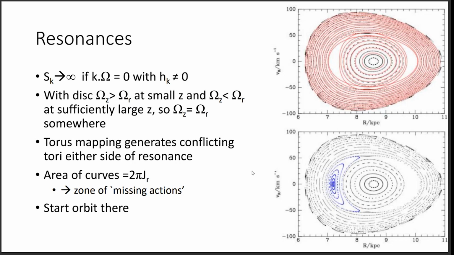It's clear from the numerical integration that there are orbital toruses in this zone that very beautifully fill the gap of the missing actions, but their structure, their geometry, is different from the toruses that we were trying to find with the torus mapper. And this is generic. This is a generic situation when we have a resonance.